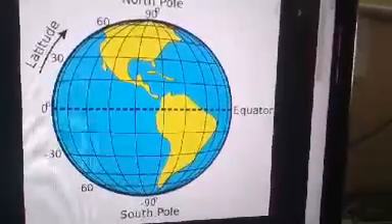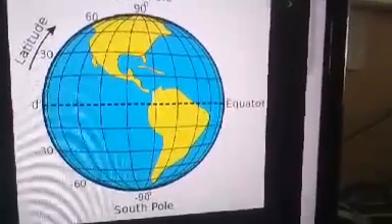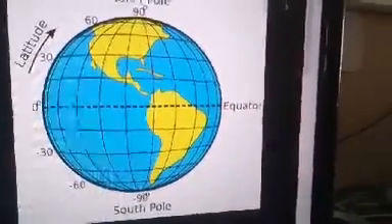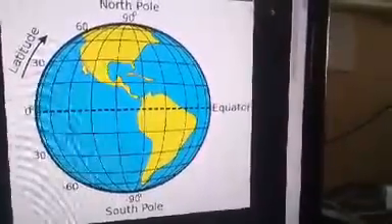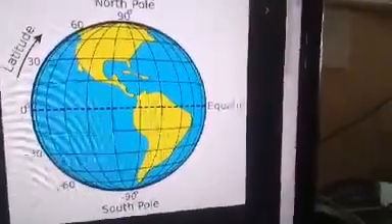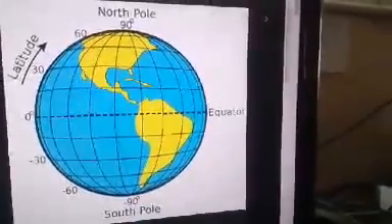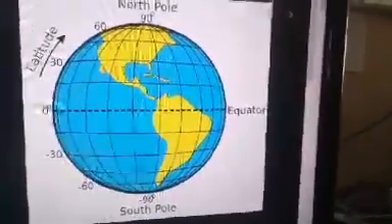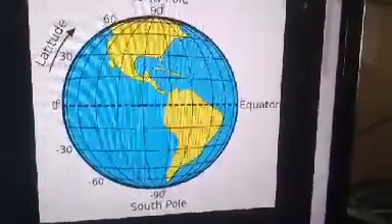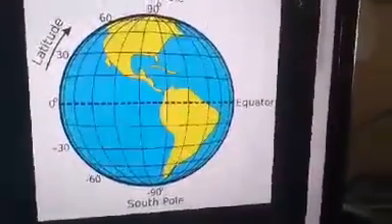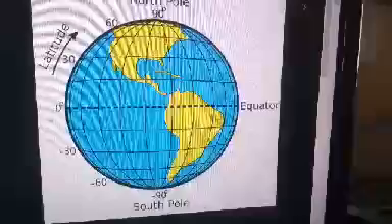And when we look at the latitudes, we can see the equator is the most important latitude. Then there is the Tropic of Cancer, Tropic of Capricorn, Arctic Circle, Antarctic Circle, and the poles. What about longitude? Are there important longitudes? Is there a 0-degree longitude?